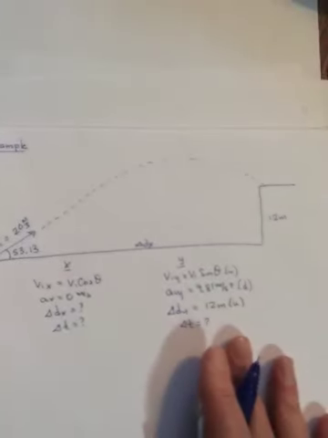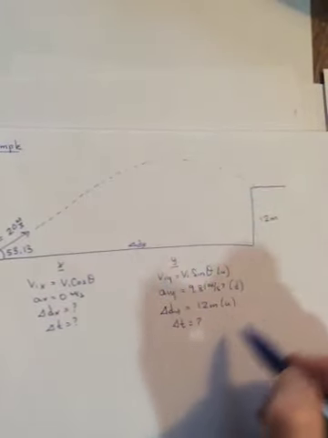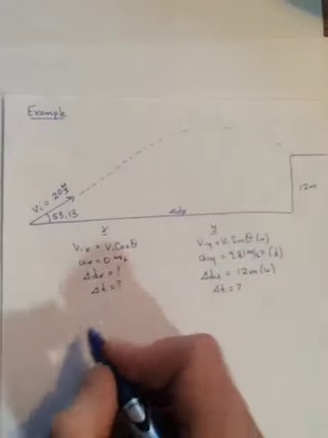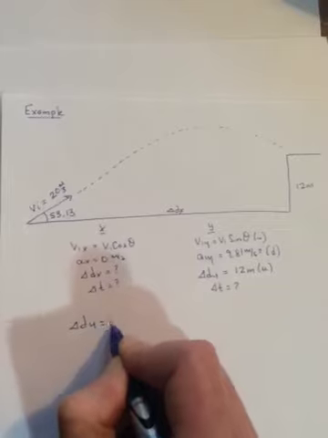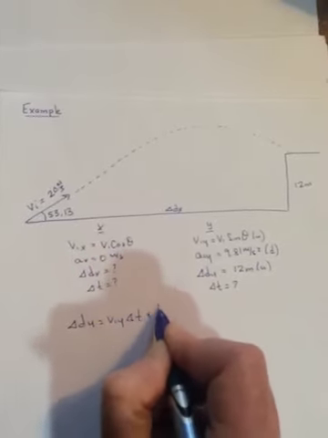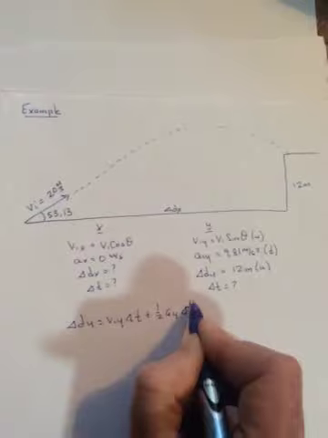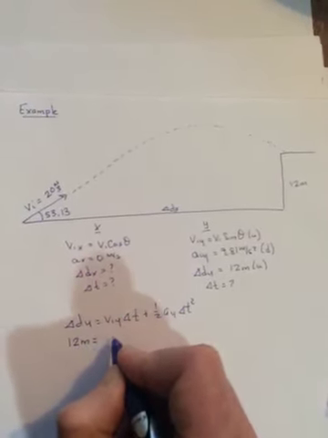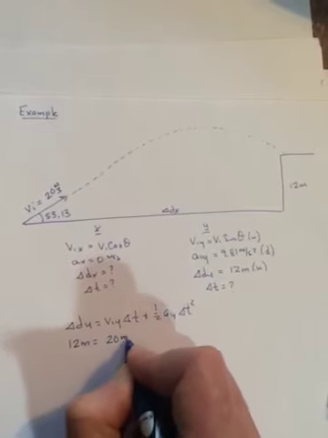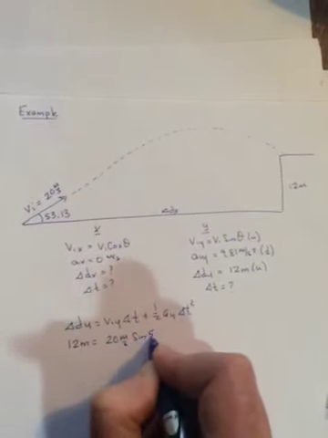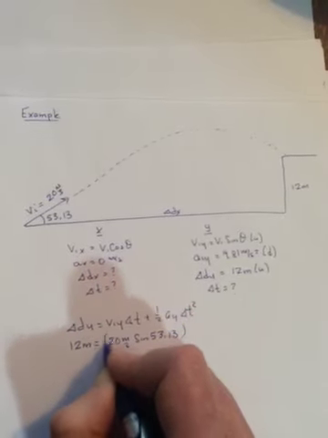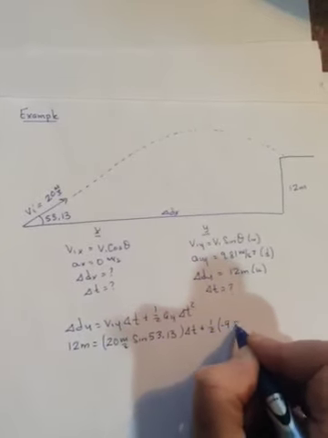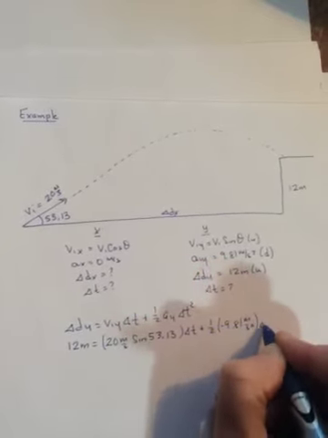So really the only thing that changes, we're still going to do this as a quadratic. It's just that this time our 12 meters is going to go in as positive. Okay, so delta dy is equal to Viy delta t plus 1/2 Ay delta t squared. So this time it'll be positive 12 meters equals 20 meters per second sine of 53.13 delta t plus 1/2 negative 9.81 meters per second squared t squared.